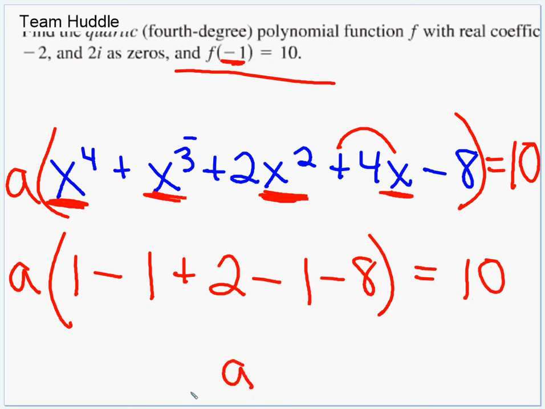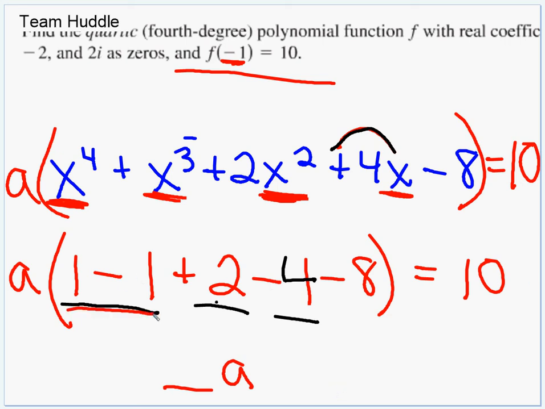So let's see what goes on in the parenthesis. 1 minus 1 is 0. So we got 2. 2 minus 1 is 1. 1 minus 8 is, ooh, did I mess something? There it is. This was supposed to be, when this negative distributed, minus 4. I got a 1 there, but I just had to do that. Okay, that should fix it.